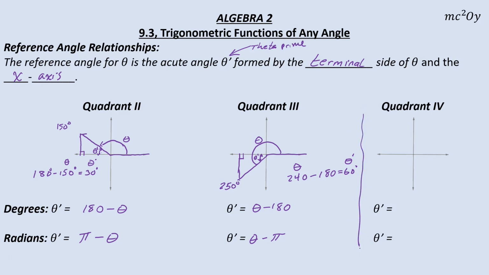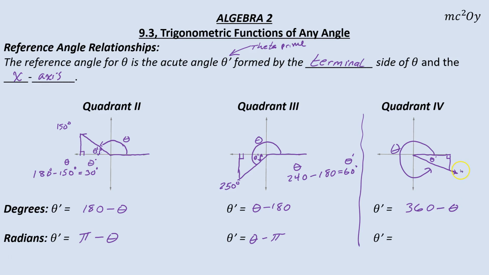Okay. And in quadrant 4, the formula is now way over here, right? Okay, there's theta. And here's theta prime. Right? So here's my angle. Kind of swap out. So in terms of that, you'd really want to know, well, 360, and I'd subtract out theta, right?